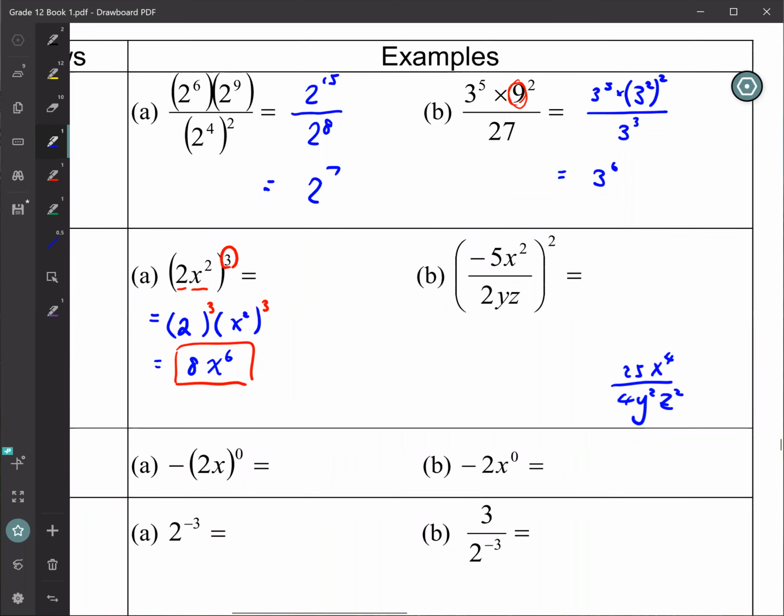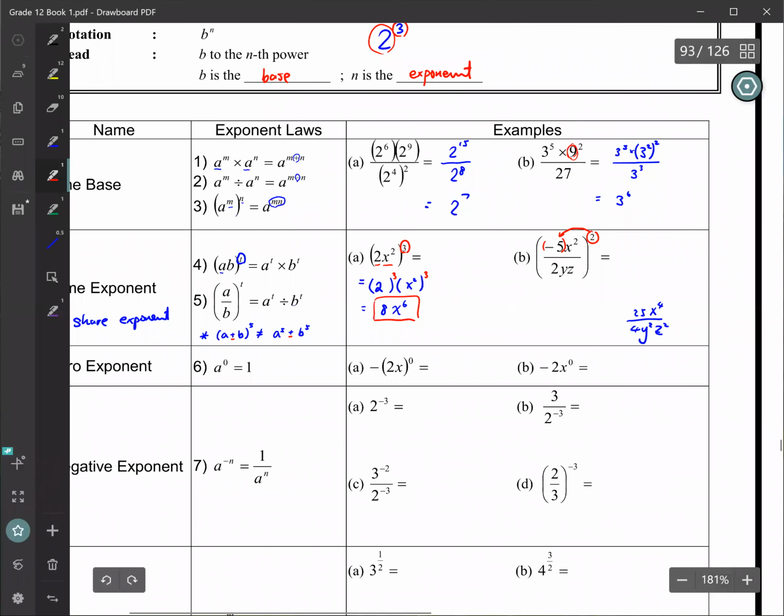Because you're timesing it to the second power. Mm-hmm. It's like -5 times -5. Yep, very good. Okay, so square will share with the -5, right? So -5 times -5 makes it positive. So if it's inside a bracket, it will disappear, right? If it's a square or even exponent.